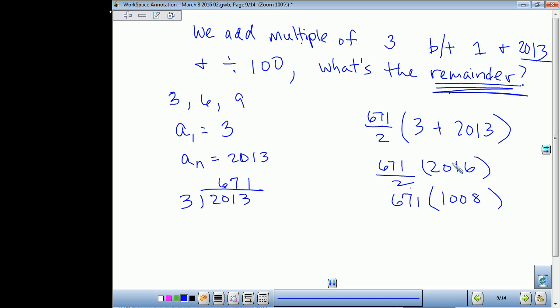And I know my remainder when I divide by 100 would just be the tens and the ones place. That's your remainder when you divide by 100. So when I'm multiplying, I really only care about the tens and the ones place. So I'm going to do 8 times these two, and that ought to be good enough.